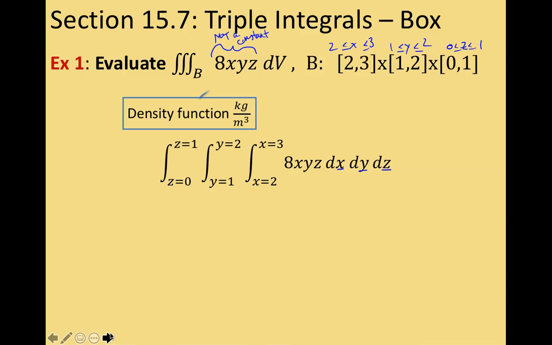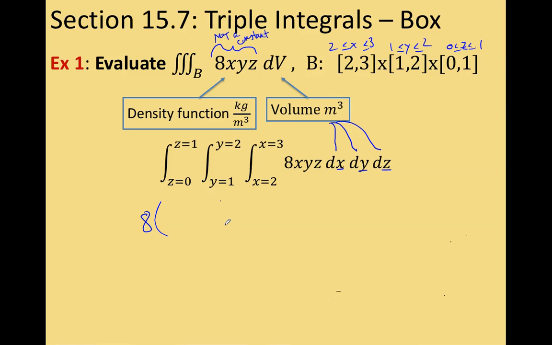So if I tell you that my density function is my integrand in kilograms per cubic meter, dV is in volume, I'm going to break dV up into dx, dy, and dz. My integrand is just a product of x, y, and z, so this is a simple one to break up.